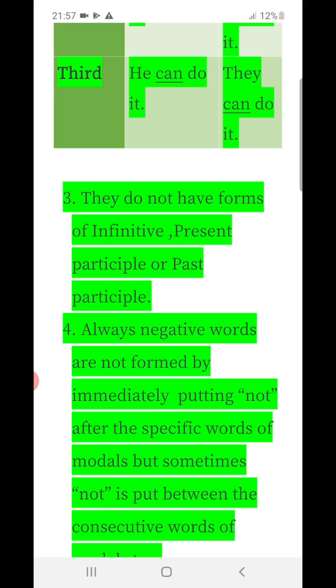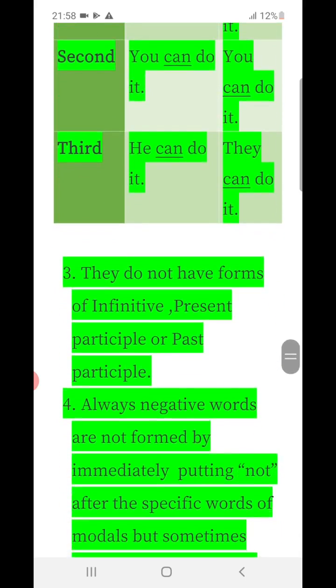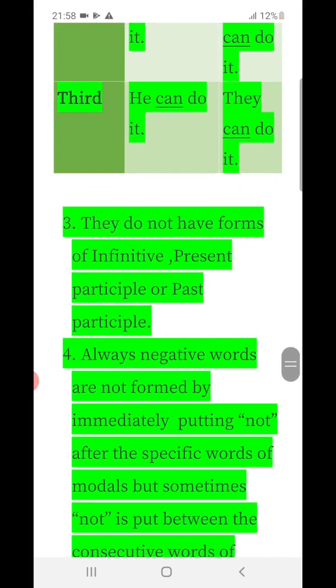Now students, you must know to infinitive, to plus base form of the verb. So you do not have to infinitive over here, or it's not bare infinitive to, since it is far away from the main verb. Next, present participle.